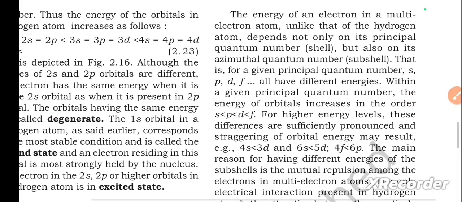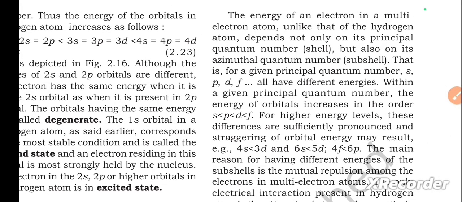The energy of an electron in a multi-electron atom, unlike that of the hydrogen atom, depends not only on its principal quantum number (shell) but also on its azimuthal quantum number (subshell). That is, for a given principal quantum number, s, p, d, f all have different energies.